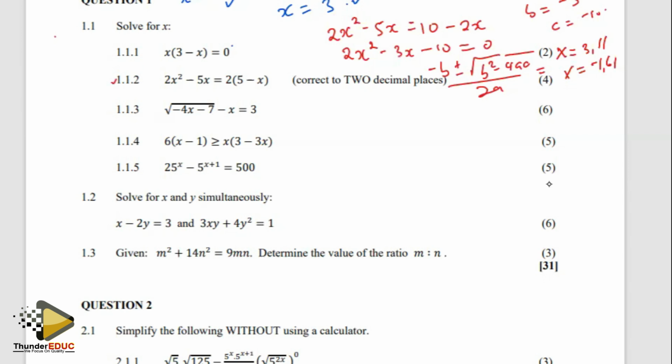Then 1.1.3, where we have the surd form. So step number 1, we need to isolate the surd or the root. We move the x that side so that it is the square root of negative 4x minus 7 is equal to x plus 3.